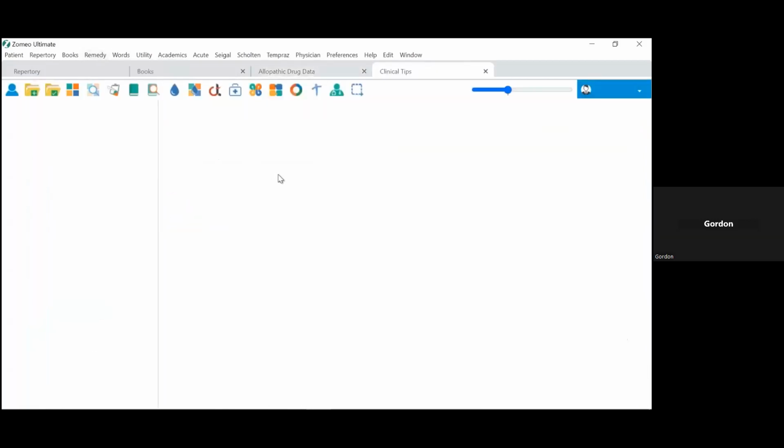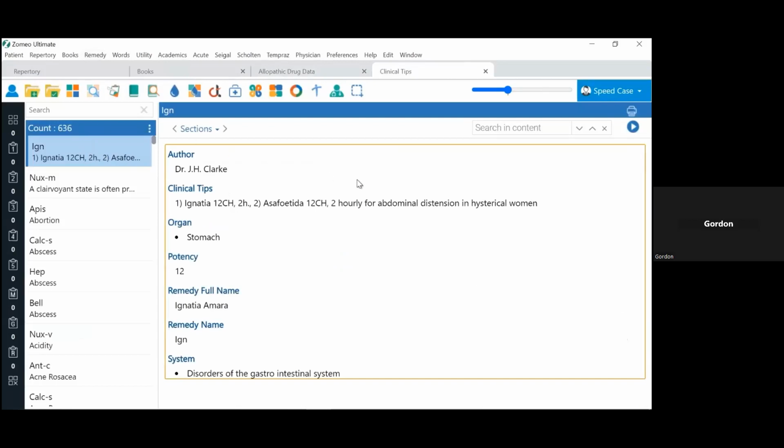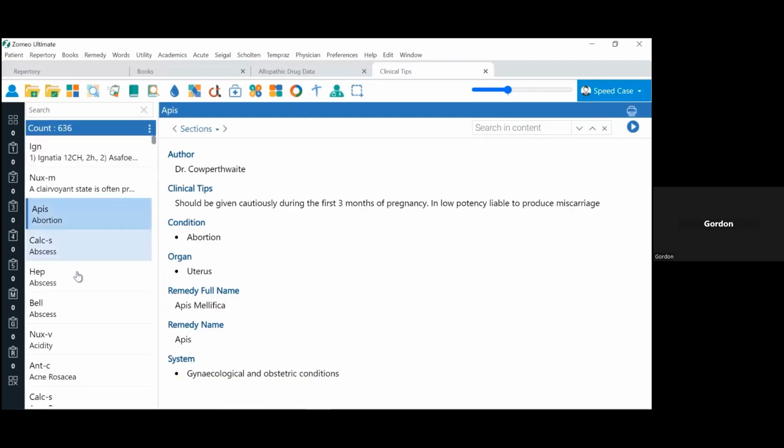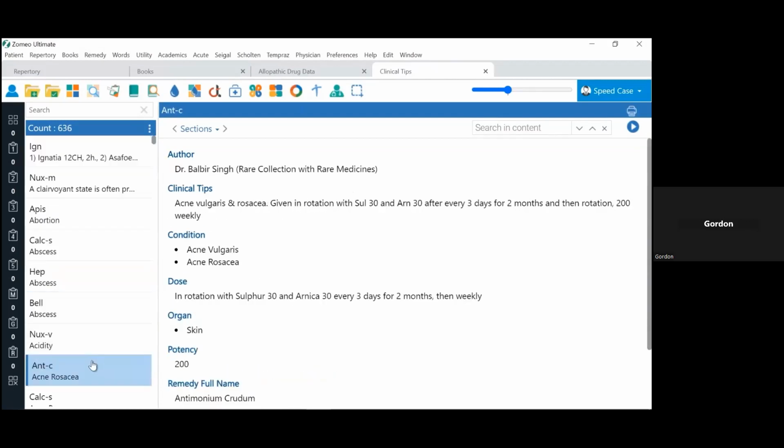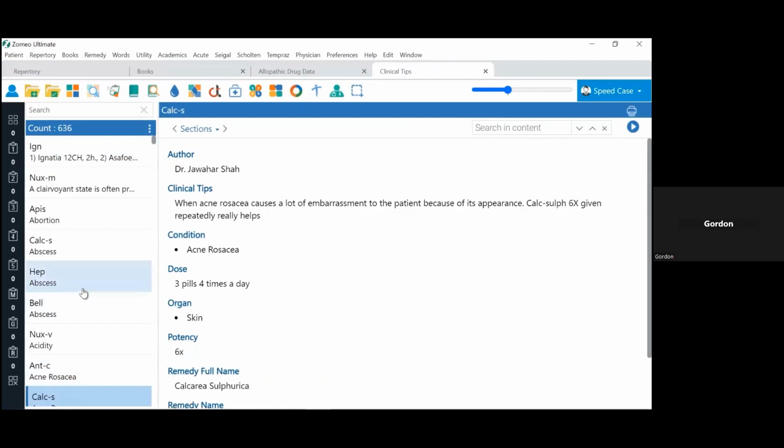Then we also have a section called clinical tips. In this section, we basically focus on hardcore clinically verified data in the form of pointers for the homeopathic remedies that are listed here. So in this list, you will not see even one remedy that is unverified, that has not been proved to be effective in the condition that has been given.